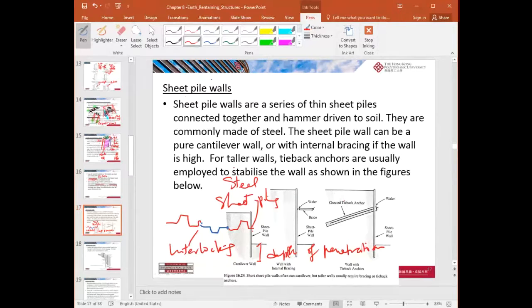Well, if the height of the retained soil is too high, you have to install several layers, multi-layers of the bracing or the tiebacks. Here's the bracing.